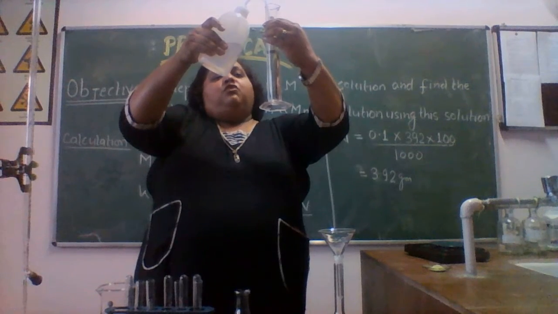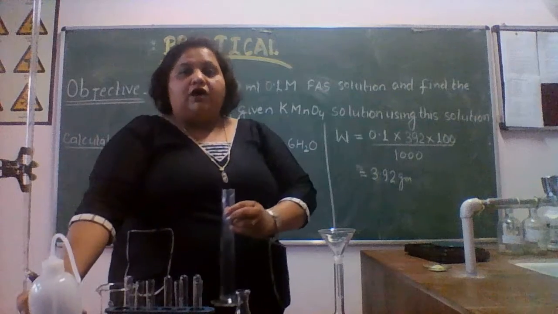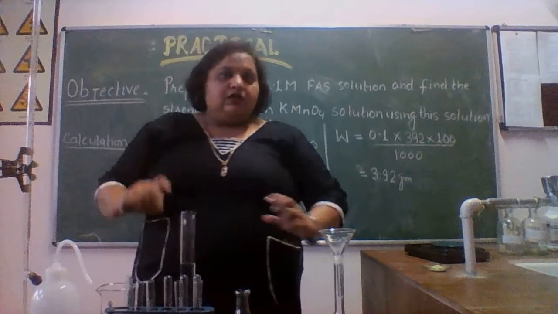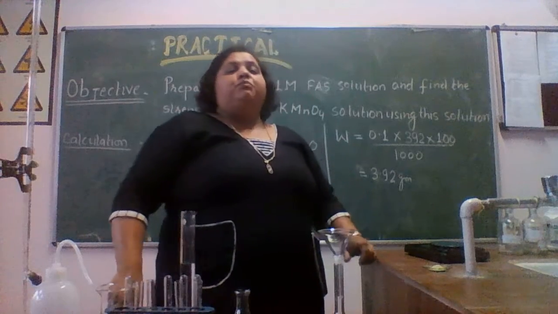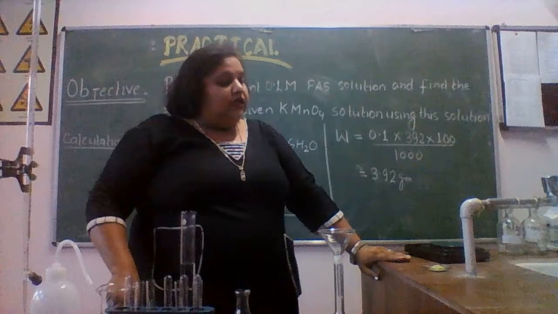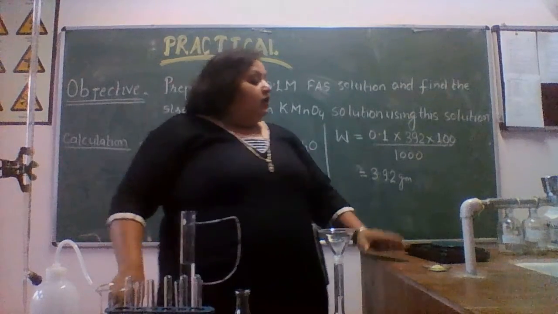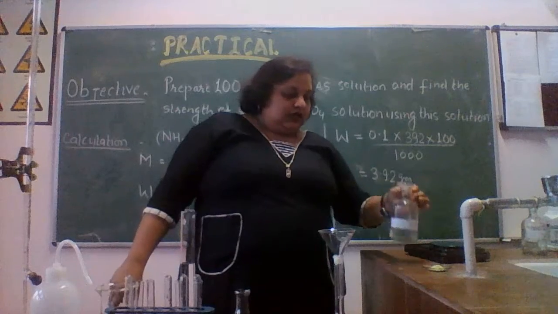This is the distilled water. You always have to go for the meniscus theory also here. The one very important step, the precaution that you have to take here is the use of concentrated sulfuric acid.